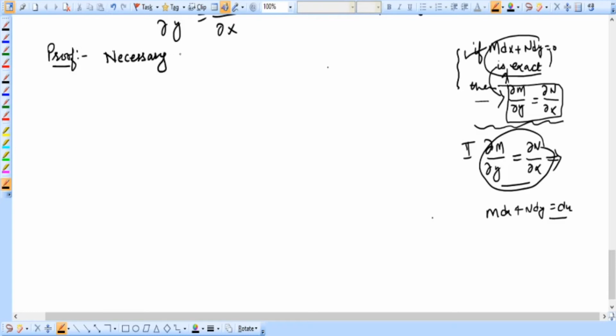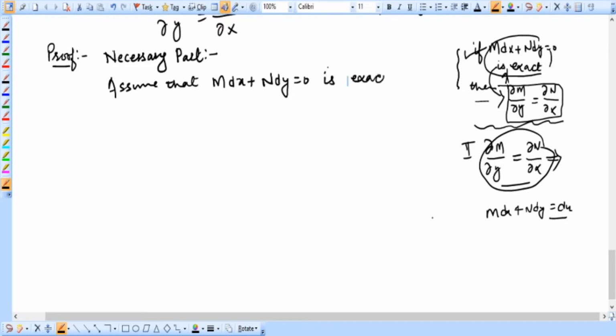As I told you right now, in this we are going to assume that Mdx plus Ndy is equal to 0 is an exact differential equation, right?